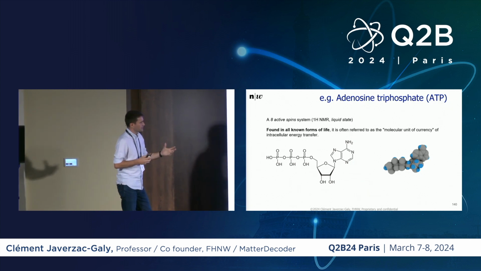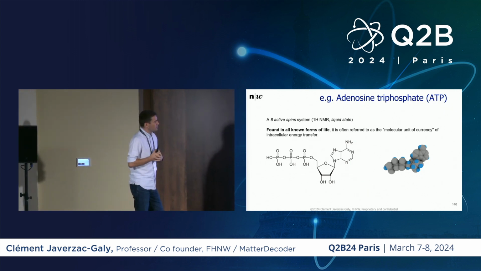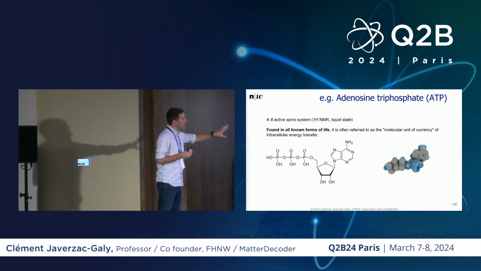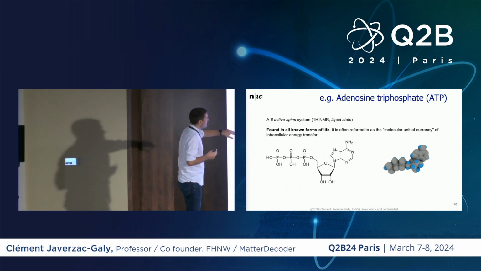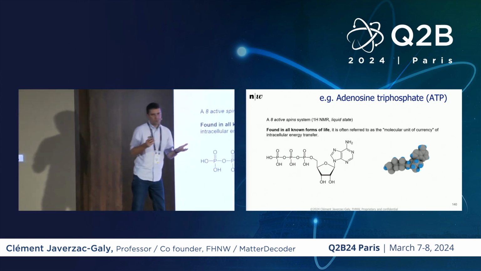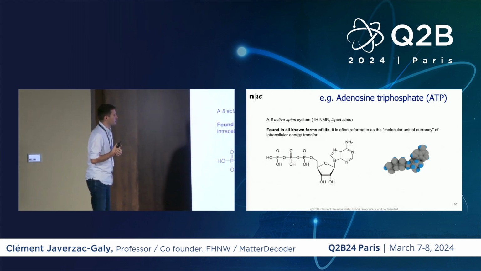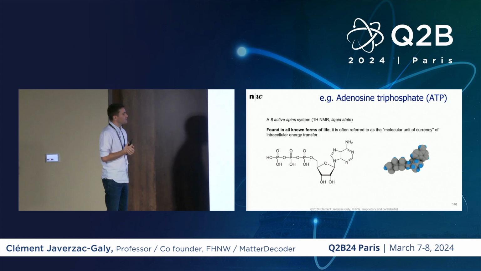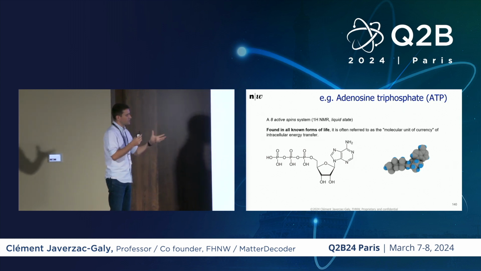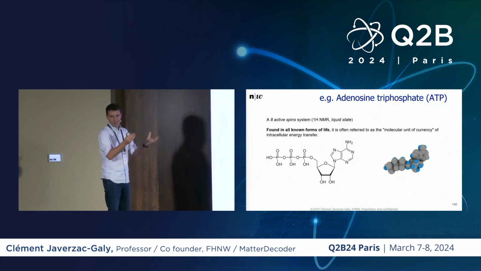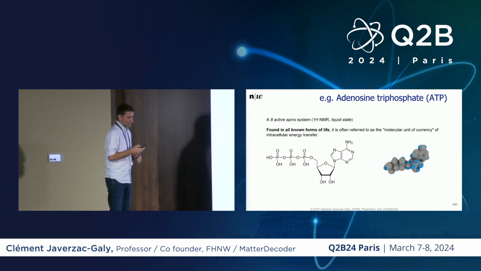So if we look at an example, we did a few examples, and here we pick ATP, adenosine triphosphate, because it is found in all known forms of life. It's involved in some energy transfer processes. And so it means already with 8 active spins from the NMR perspective, so proton NMR, we can already do a simulation on a molecule that at least is relevant and found in biological processes.